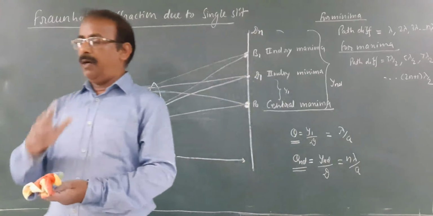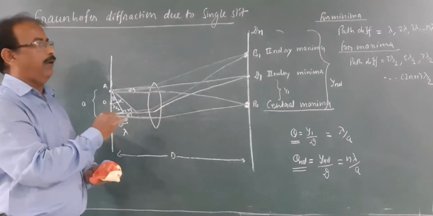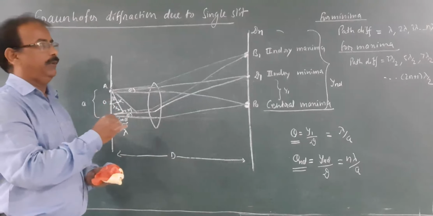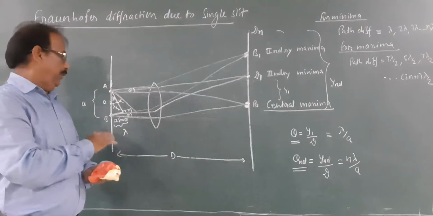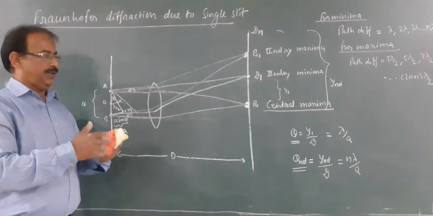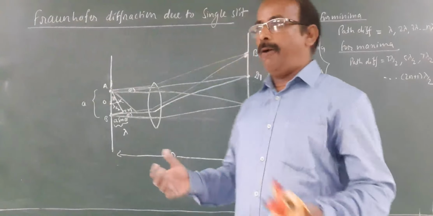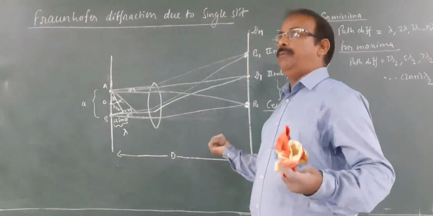For secondary maxima, we divide into 3 parts, having width of each part equal to lambda by 2. When we divide the slit in such parts, those parts are called slit elements. Take 3 slit elements of width lambda by 2 each.